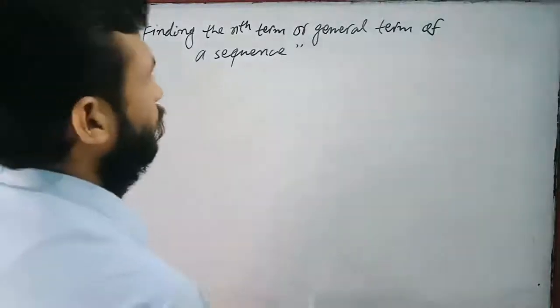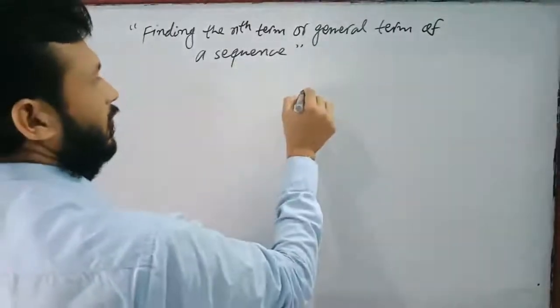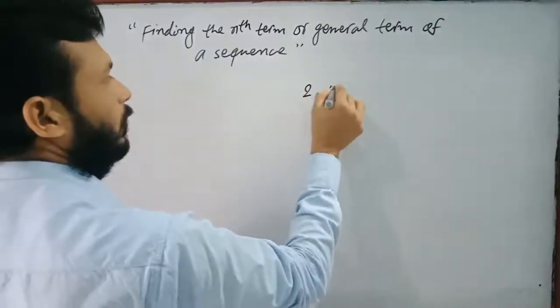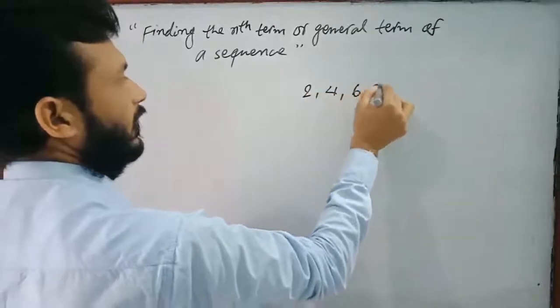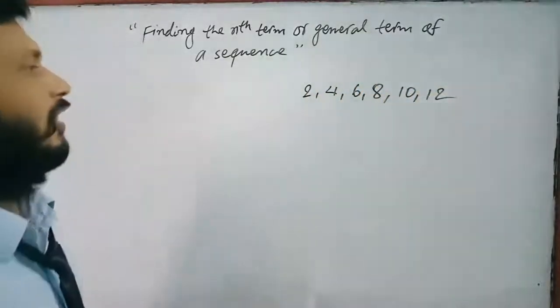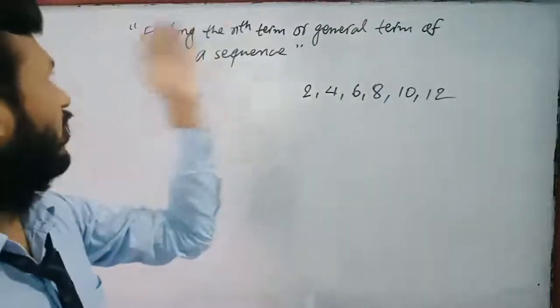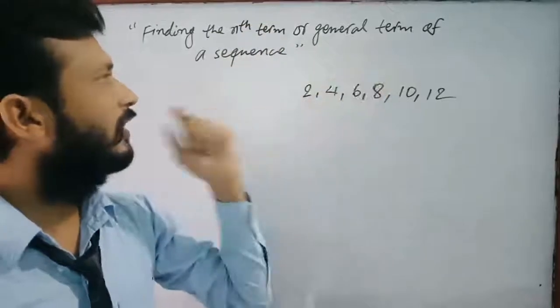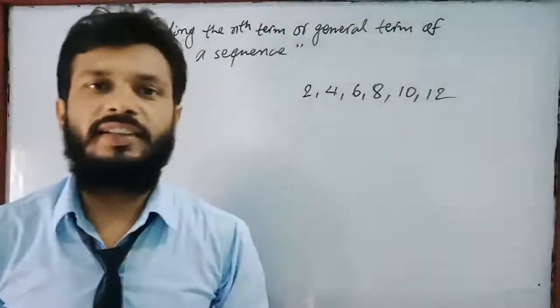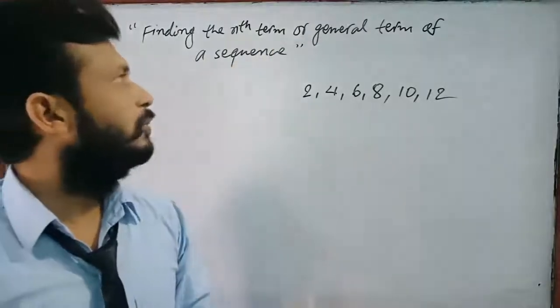So let's see. Suppose we have a sequence, 2, 4, 6, 8, 10, 12. It is a sequence, then what is the nth term or general term?